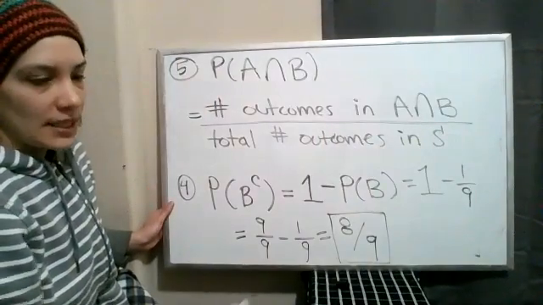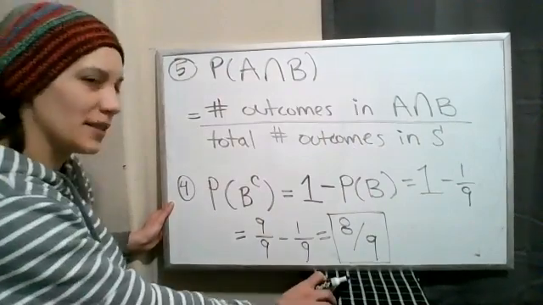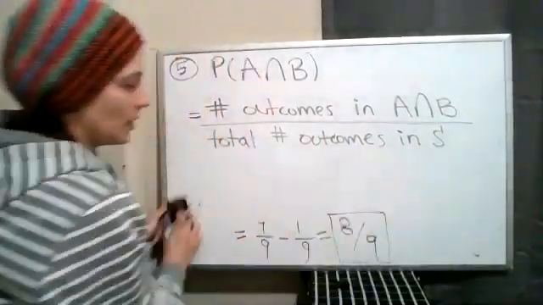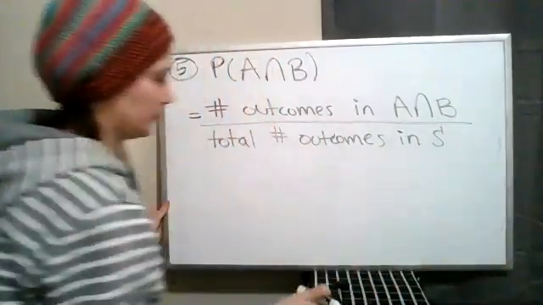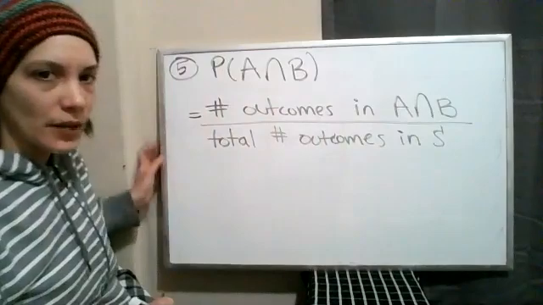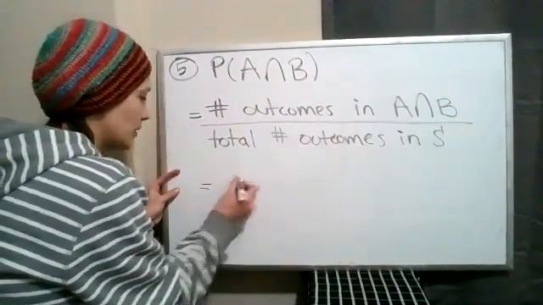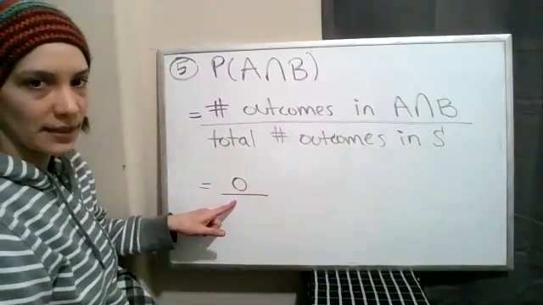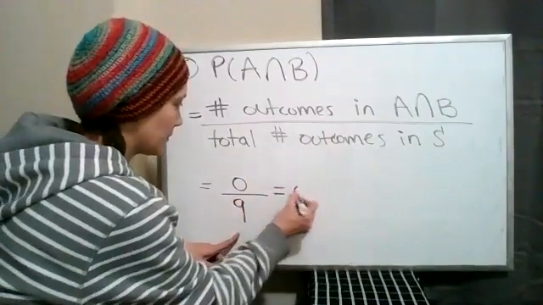From the picture, you can see the intersection is empty. Okay, so A intersect B has no elements, which is going to be 0. Number of elements in that set divided by 9 total outcomes. So we got 0.